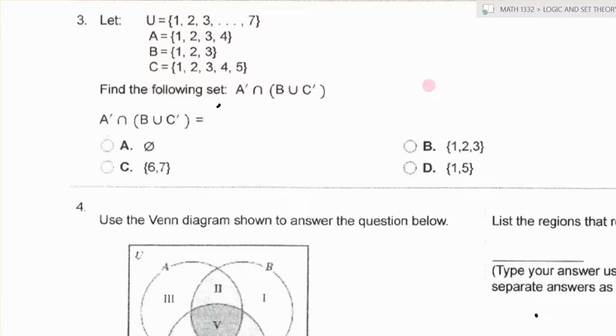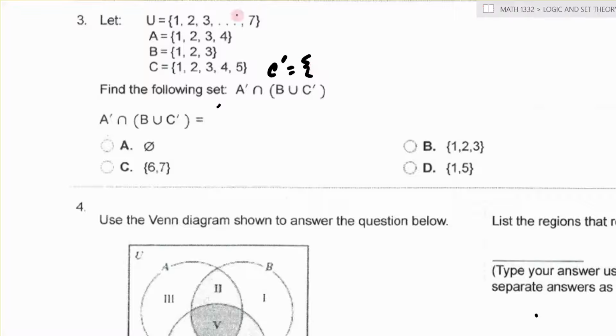Number 3. I need the complement of A intersect B union complement of C. Okay, I've got lots to work with here. I need B union the complement of C. Okay, I think I'm going to back up more and find C complement.